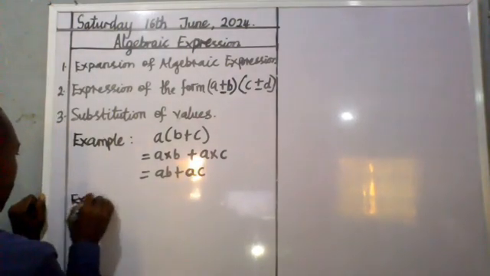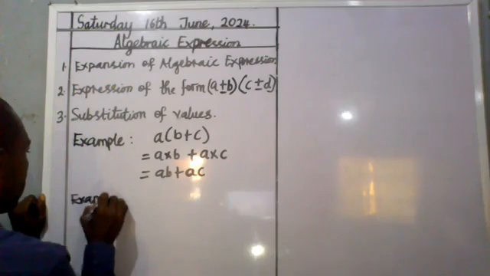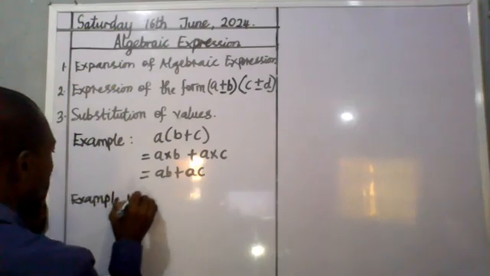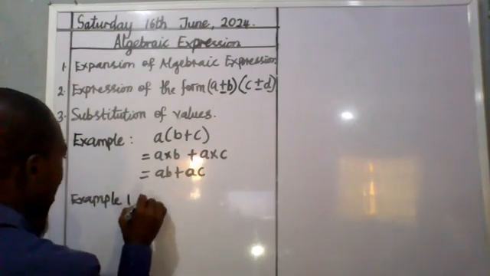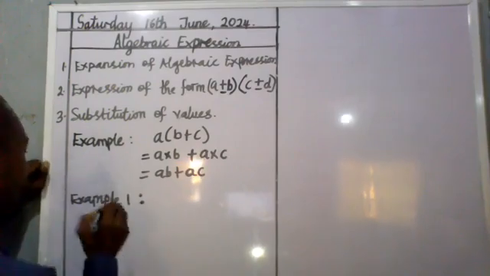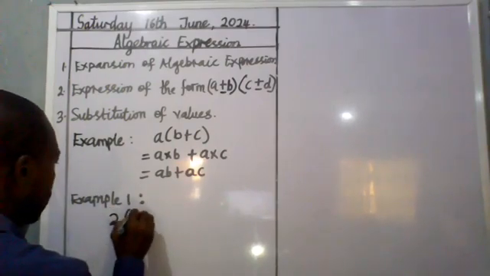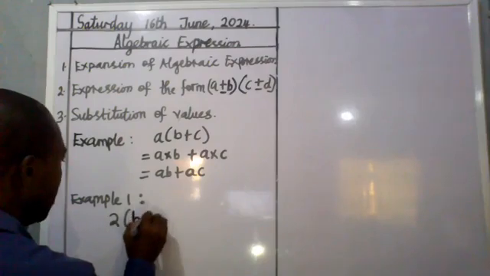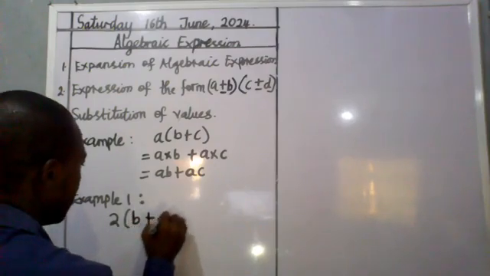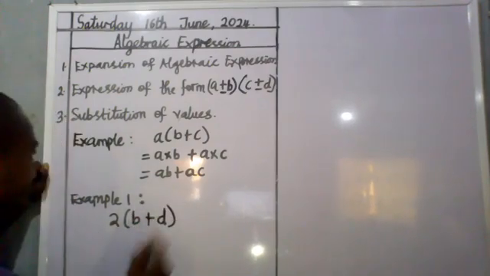All right, now let's look at another example. Example 1. Imagine I have 2 into B plus D. What does it mean?